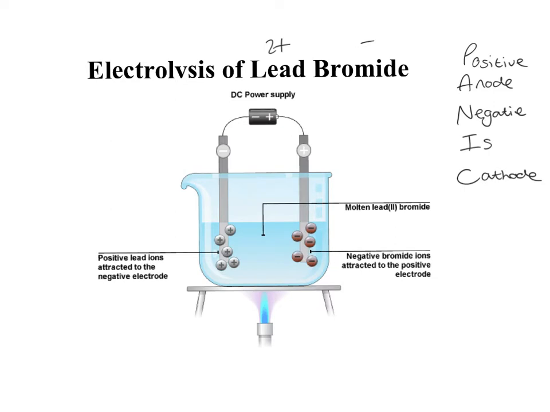So positive, so that's the anode. That's the cathode. Then we know that the lead is positive, so this is going to be the lead. The lead is going to be attracted to the cathode, and the bromide, so the bromine or bromide ions, is going to be attracted to the anode. Okay, so that's to get us started.